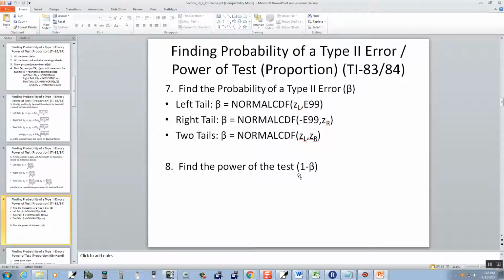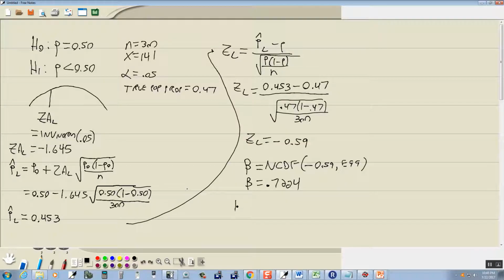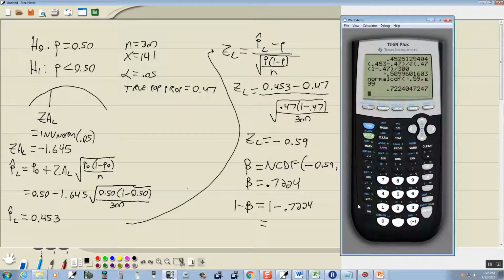And it says power of the test is 1 minus beta. So I have 1 minus 0.7224, which is 0.2776.